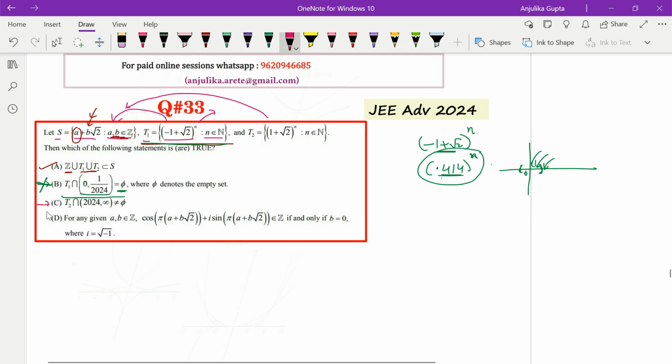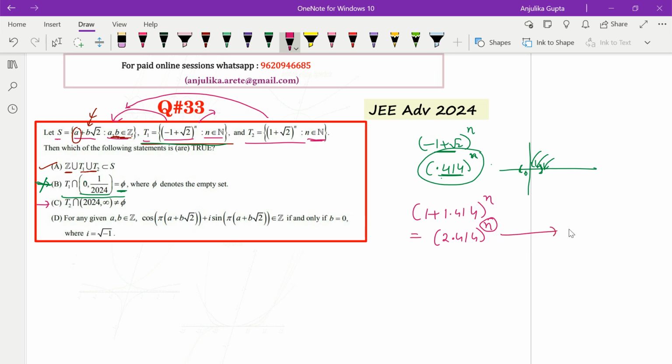Let's try answering the C part. We have to focus on T2. Let's see what T2 is: 1 plus root 2, so 1 plus approximately 1.414, power n. So you are getting something greater than 1, about 2.414 power n. If you keep on increasing n, because n is any natural number, this is going to be a very, very large number.